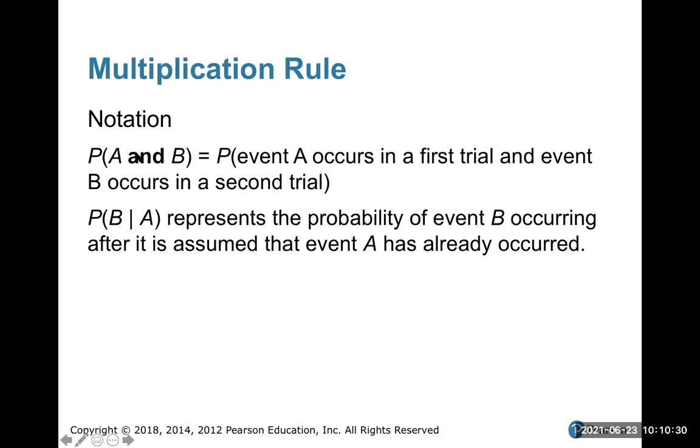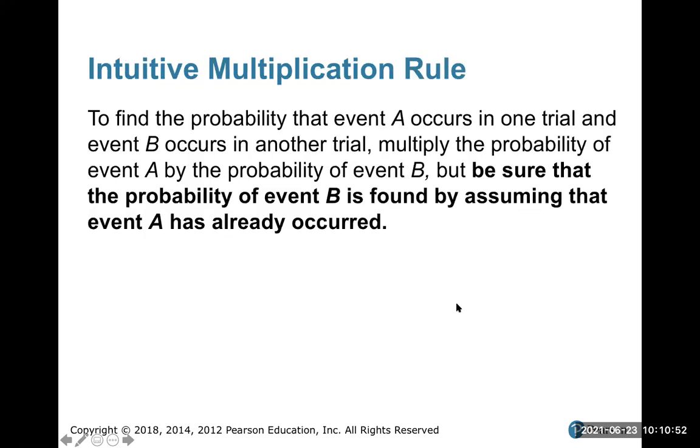Okay, probability of A and B: the probability that A occurs in the first trial and B occurs in the second trial. And the probability of event B given that event A happened already.